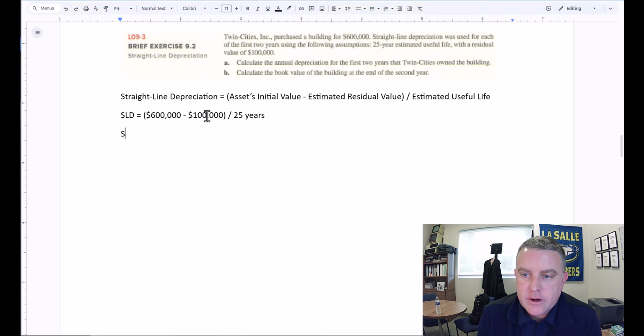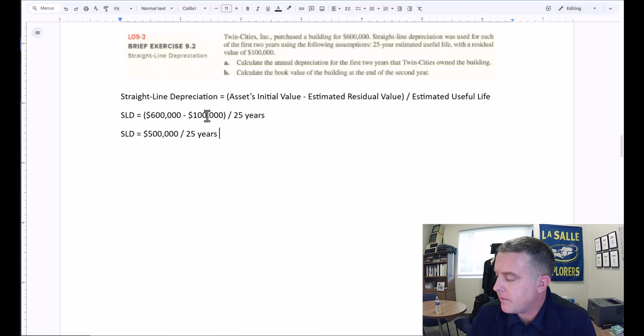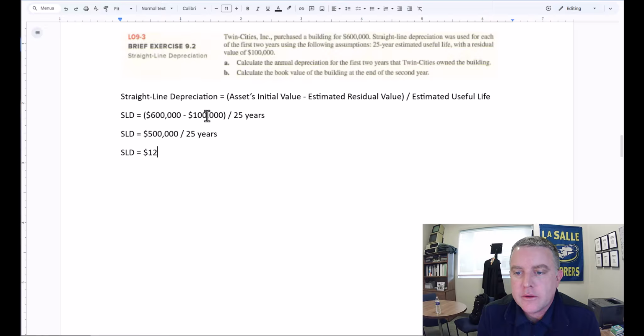All right, so that's $500,000 divided by 25 years. And if we do the math, 500,000 divided by 25 is $20,000 per year. SLD is $20,000 per year.